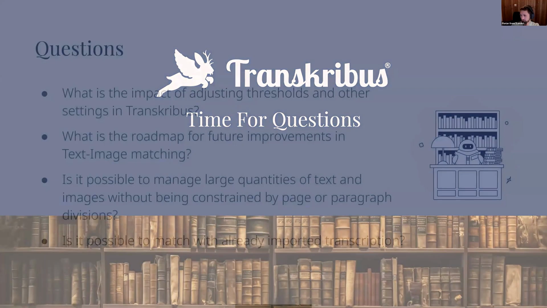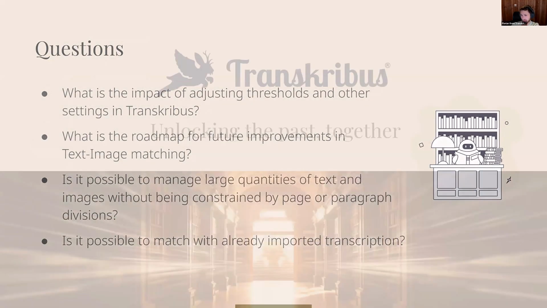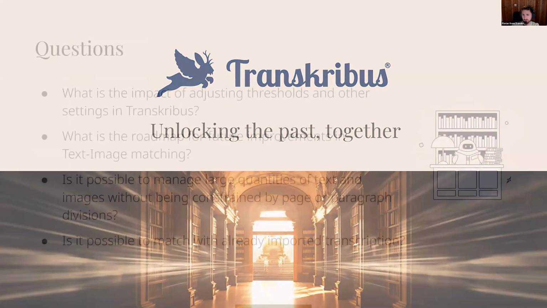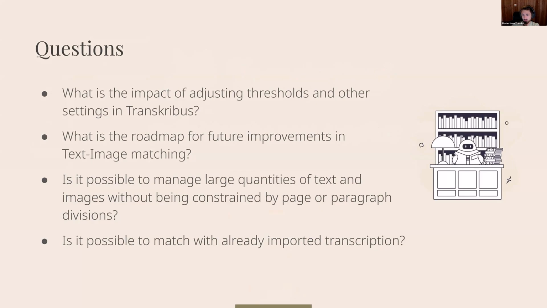That being said, I think we have some questions. I think most of them we've tried to address directly during the webinar. If there are some regarding the future roadmap, we will try to fix some minor bugs. There is no major undertaking planned at the moment to improve text-to-image matching, but it's complex.